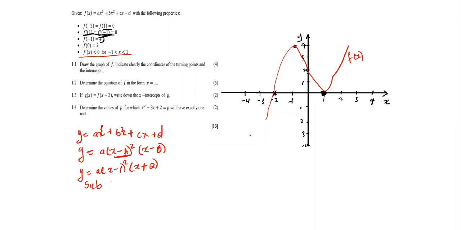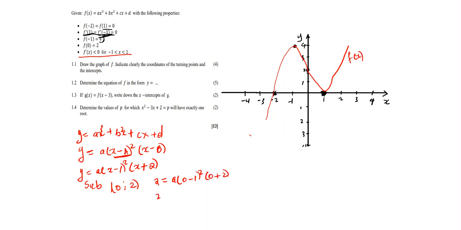What do we substitute? You substitute a point that you can see, which is the y-intercept, or you can just substitute a point. So let's just take 0 and 2. Let's substitute 0 and 2. We'll have 2 equal to a into 0 minus 1 squared multiplied by 0 plus 2.